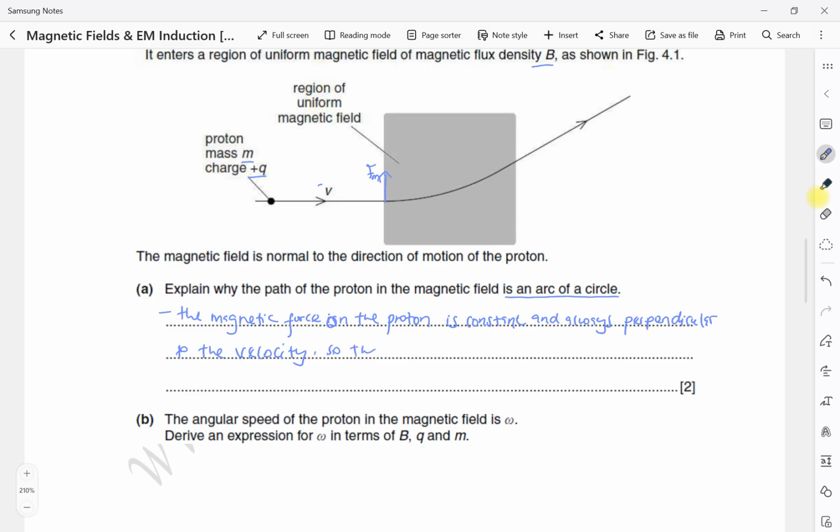So the speed remains constant. Not the velocity, but the speed remains constant because the velocity changes because of direction. So the speed remains constant, hence I will use hence instead of so.